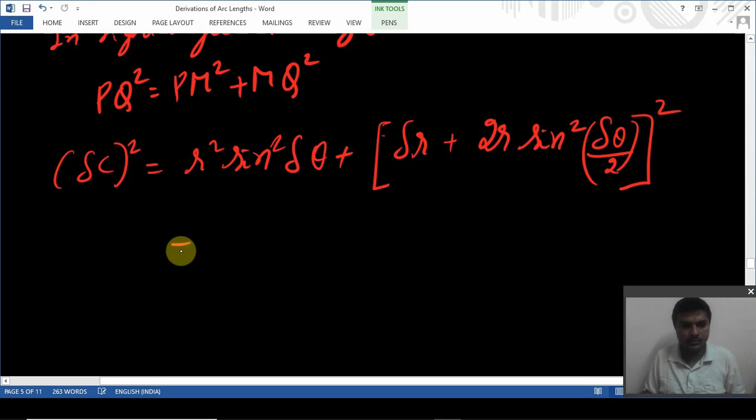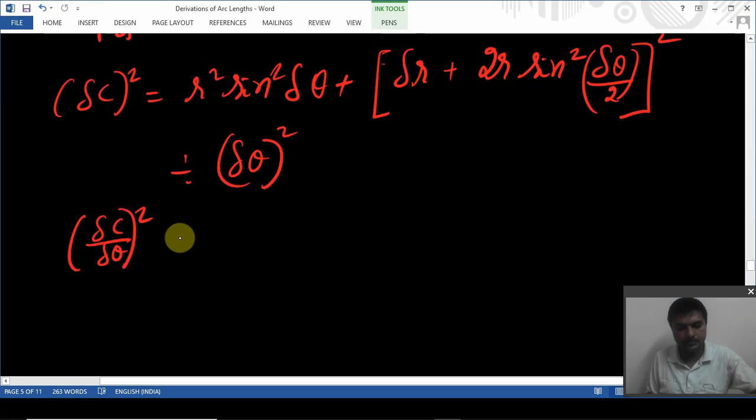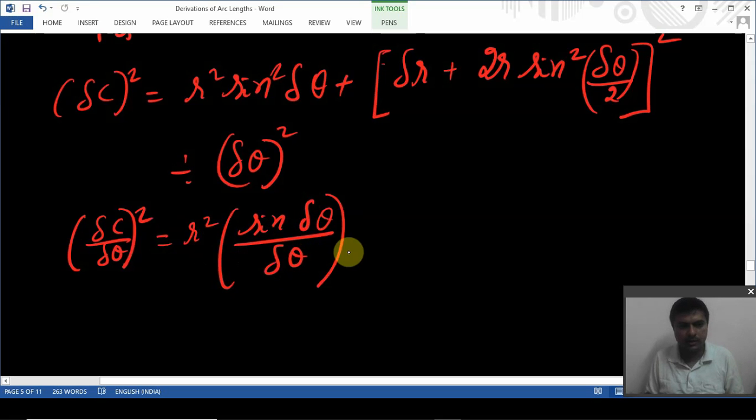Now divide this throughout by delta theta the whole square. Yes friends, so for our simplification, just divide this equation throughout by delta theta the whole square. So quickly you can write down delta C upon delta theta the whole square is equal to R square sine delta theta divided by delta theta the whole square.